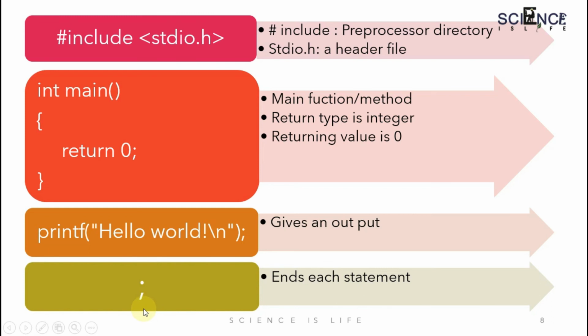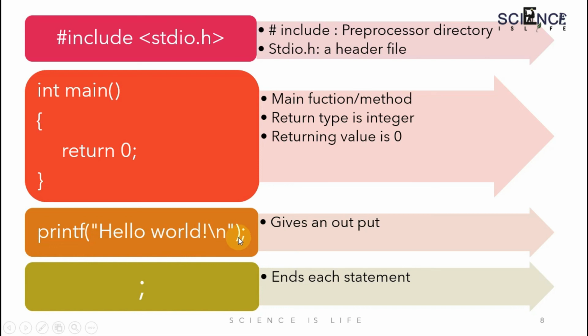The other thing I need to mention about this program is that we need to end each and every statement with a semicolon, right? Here, after the end of our printf function call, we have written a semicolon, right?